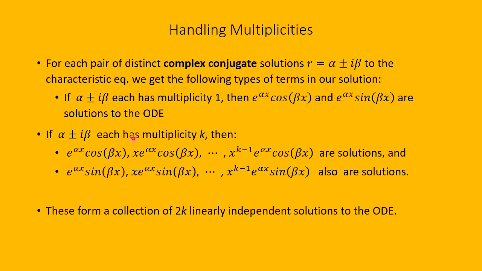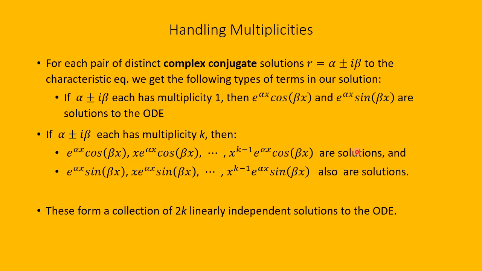We would expect to have 2 times k solutions that are linearly independent to our ordinary differential equation. And here they are, 2k solutions, k solutions in each of these lines. e to the alpha x cosine beta x, x e to the alpha x cosine beta x, all the way through x to the k minus 1 power e to the alpha x cosine beta x.